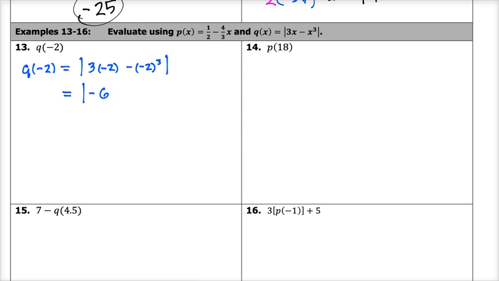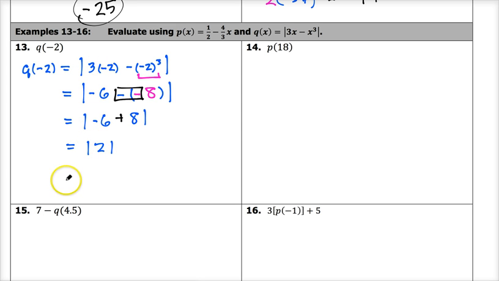Negative 2 cubed is negative 8. But don't forget we also have this minus sign here in front of that. So this is really a minus negative 8. We know that minus negatives can be rewritten as positives, so this is really negative 6 plus 8 inside the absolute value bars. From there, you simply do negative 6 plus 8, which is 2, and the absolute value of 2 we know is 2.